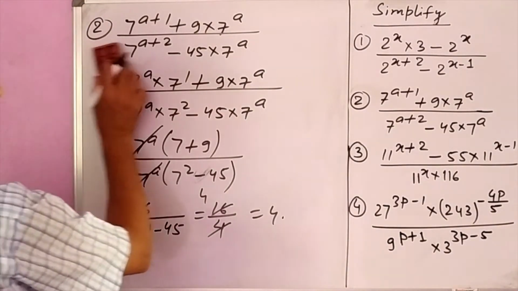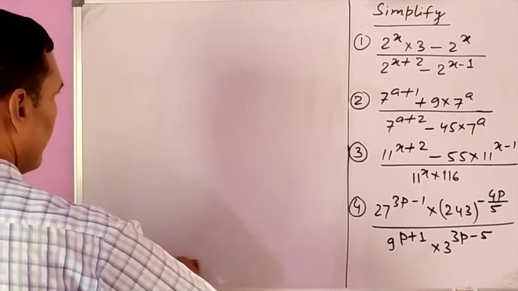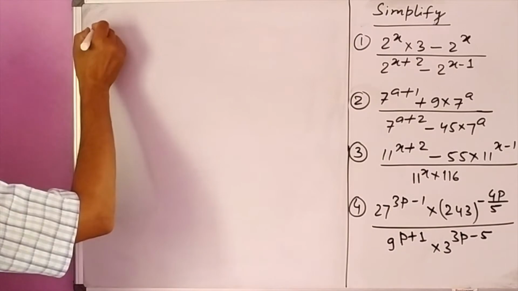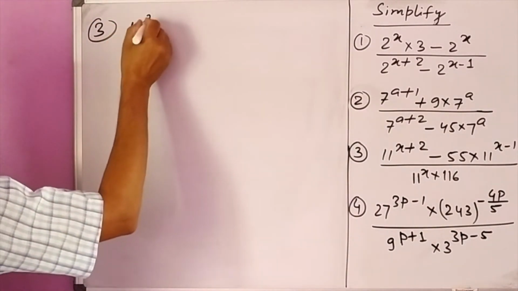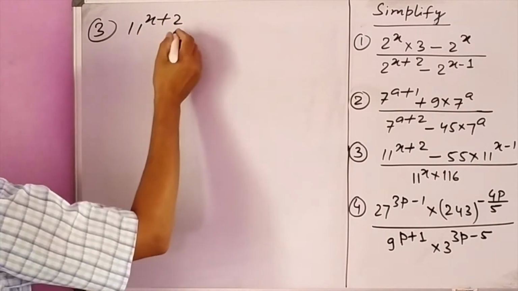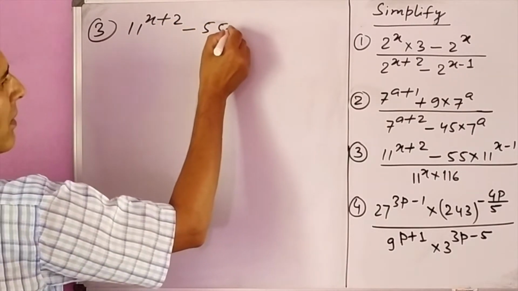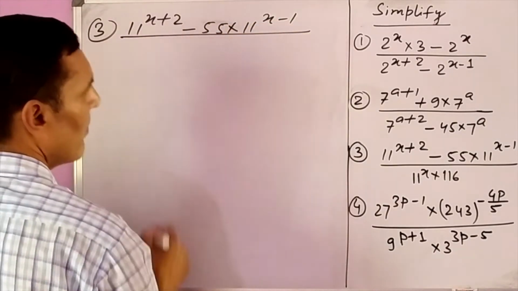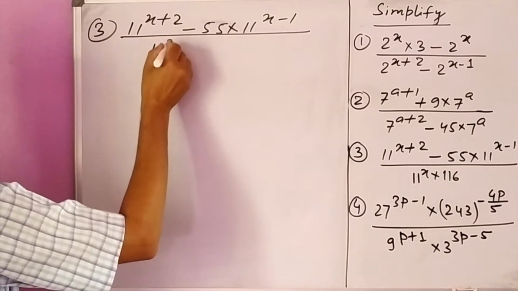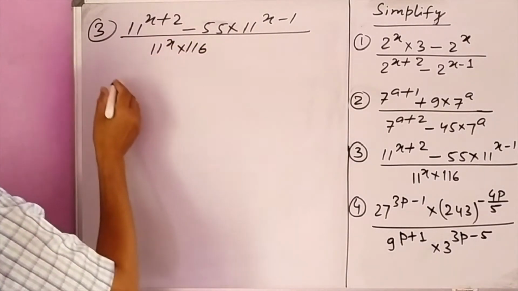Let's see number 3. Our question number 3 is 11 to the power x plus 2 minus 55 into 11 to the power x minus 1, whole upon 11 to the power x into 116.